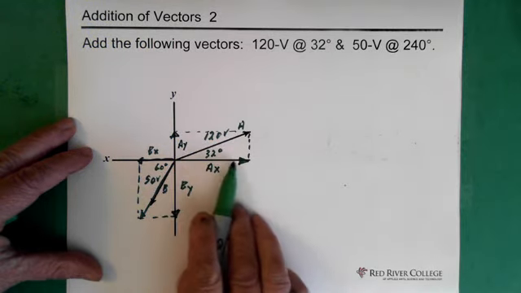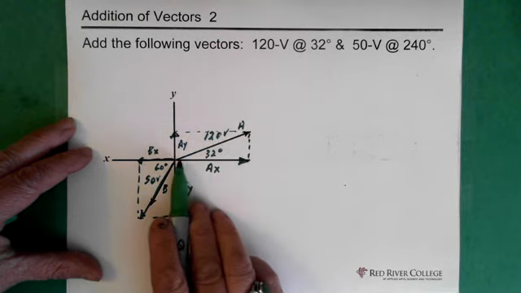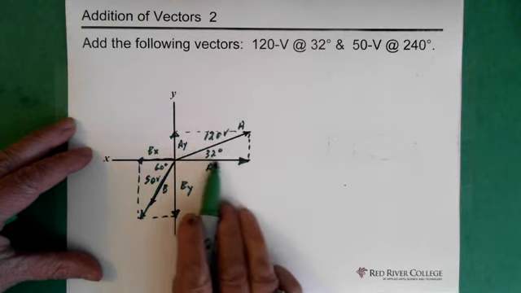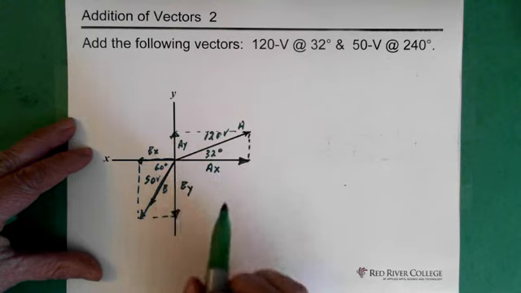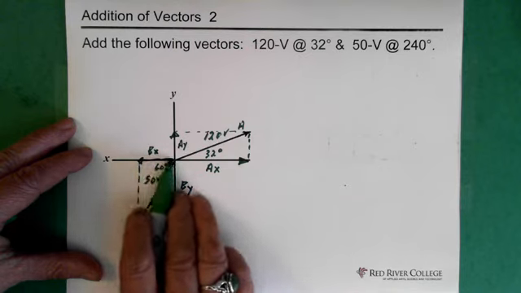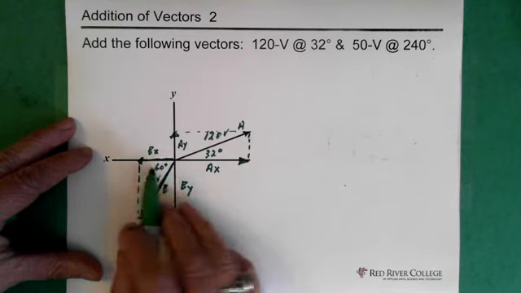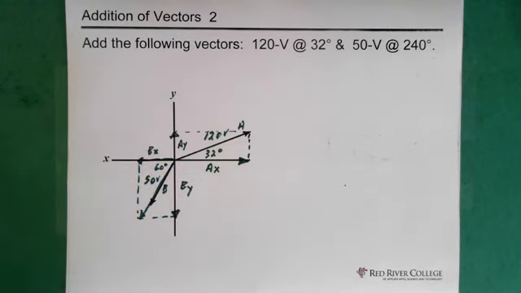So we're solving for the x and the y aspects of A. There's AX here, AY here, and we also have B, and we're solving for the x portion and the y portion of B. And then in the end, we will be adding those up.